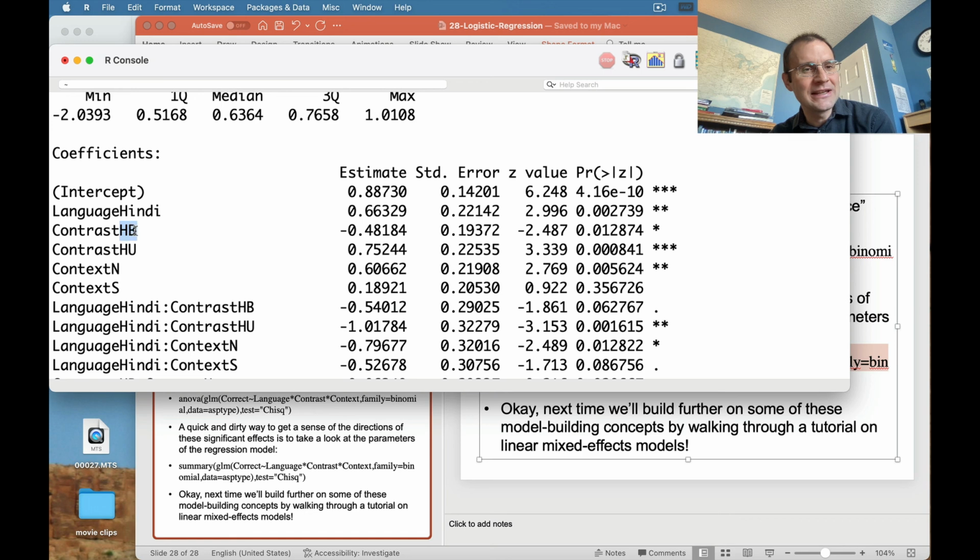So HB is going to tell you a little bit about which this is significant because we have a star here, a p-value of less than 0.05. But this number is basically in comparison to the BU default. So when listeners are hearing the HB pairs, they're getting fewer correct responses than the BU pairs. And when they hear the HU pairs, they're getting more correct responses than the BU pairs, because this is also significant, and this is a positive valued number. So the BUs are somewhere in the middle.